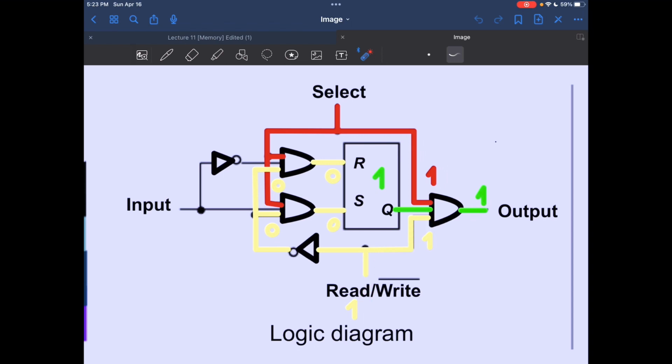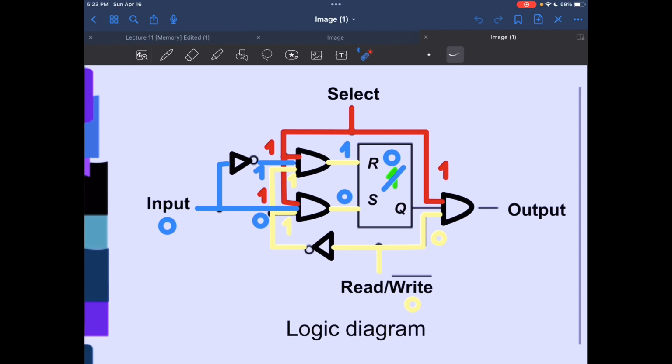In the AND gate, if we have 0, this becomes 0. And from the command of RS flip-flop, if the command is 00, it is a no change. And thus, this 1 is traveling to this AND gate and giving us 1 as an output.